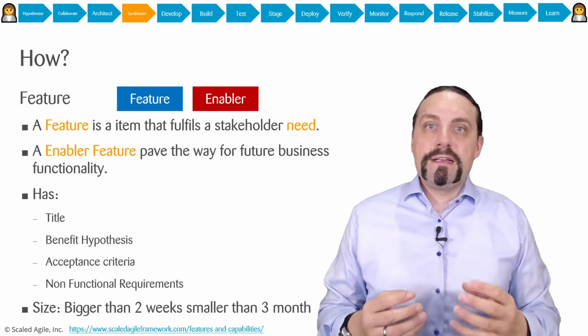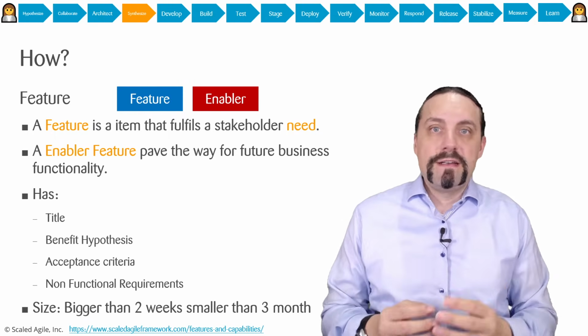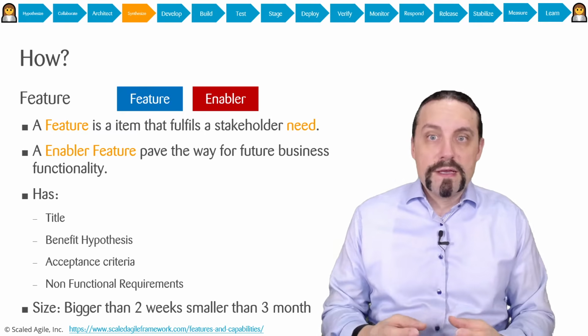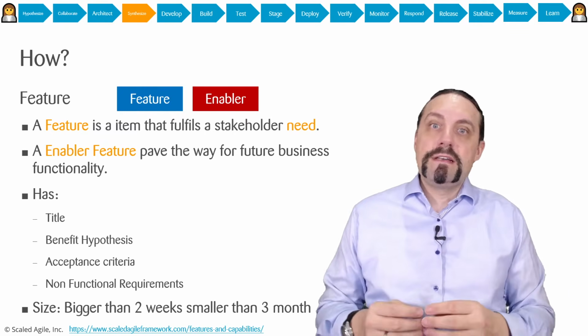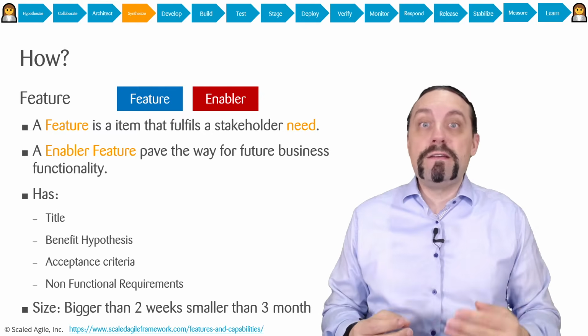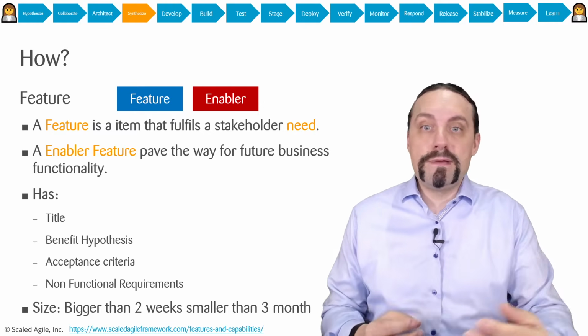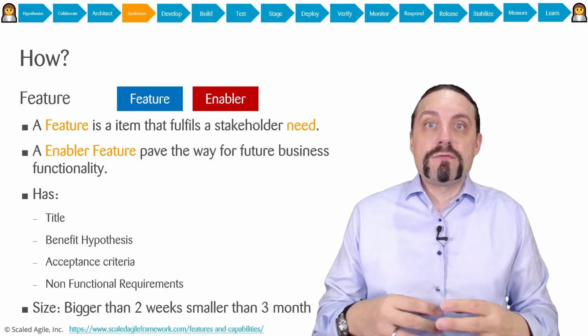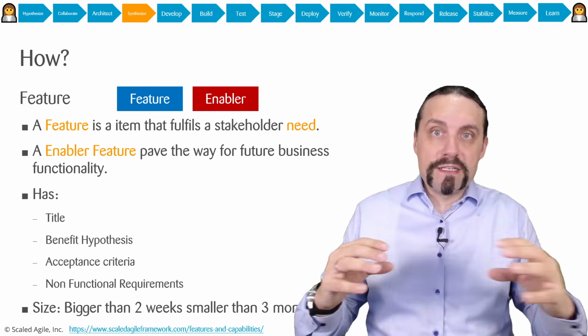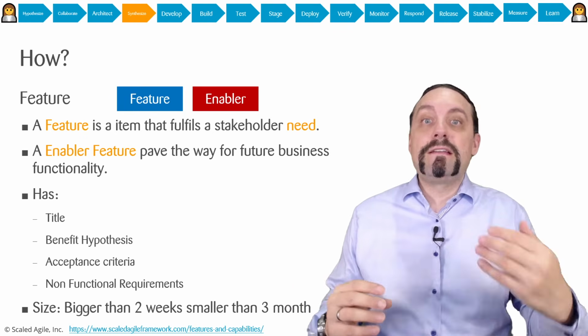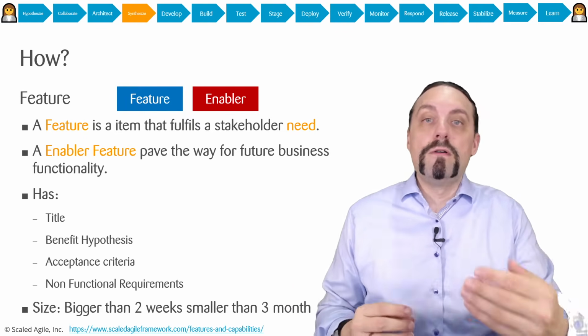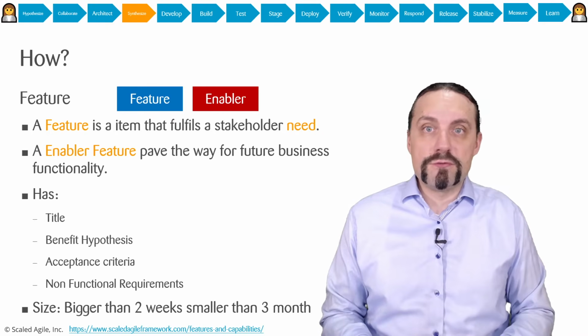A feature is an item that fulfills a stakeholder need. An enabler feature is paving the way for further business functionality. So these pave the architectural runway so that we can deliver more business features in the future.